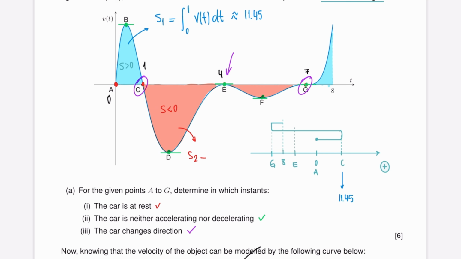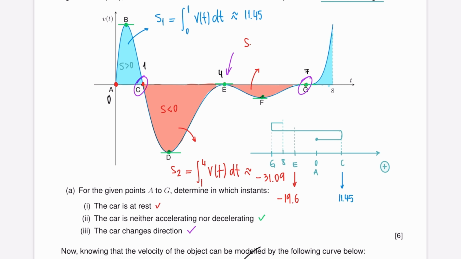And now we have this S2, which is the integral from 1 to 4 of v of t dt, which is negative 31.09. From here, he goes 31.09 to the left, which means that he is at 19.6 to the left of the origin. We just added negative 31.09 to 11.45, keeping the sign, so that's why we got negative 19.6.